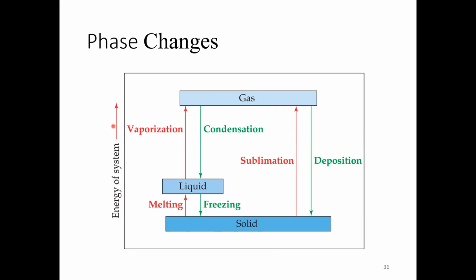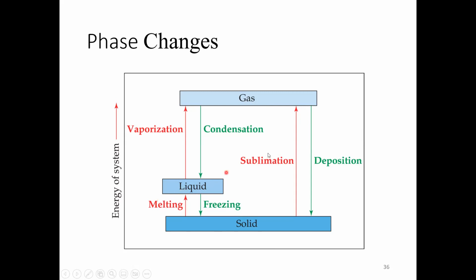We can think of kinetic energy as a disruptive force, and temperature is just going to be a measure of average kinetic energy. So as we heat something up more and more, we're going to have more and more kinetic energy. And eventually that kinetic energy is going to become enough to overcome those intermolecular forces. And that's going to be where we see a process like vaporization occur.